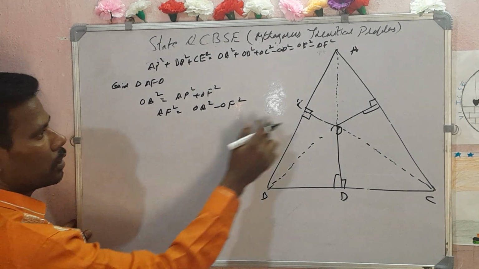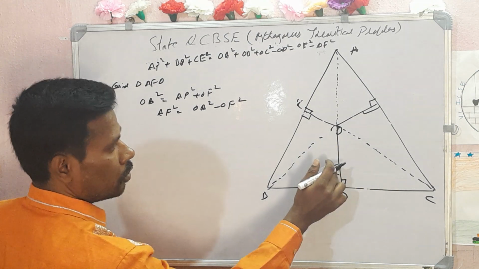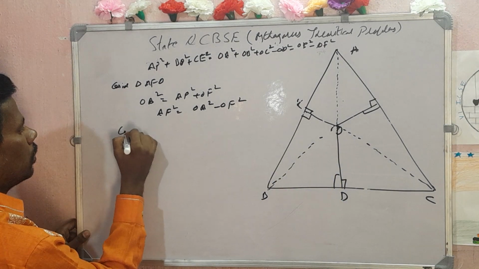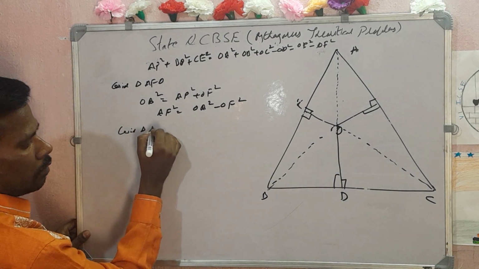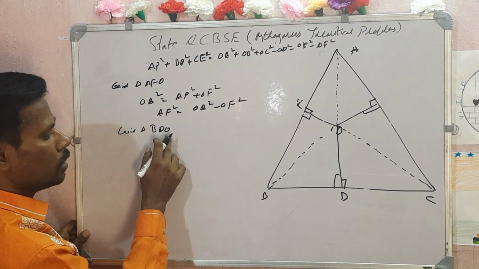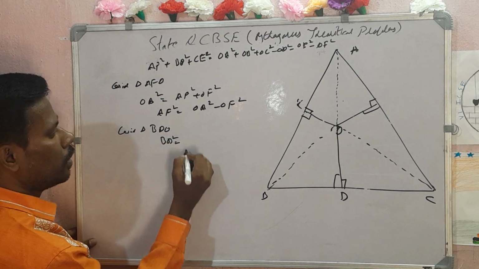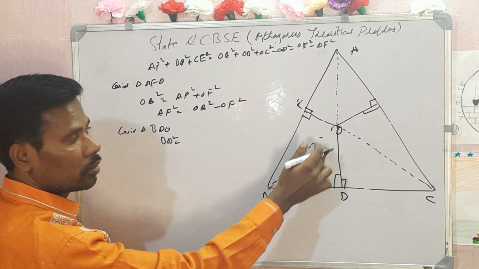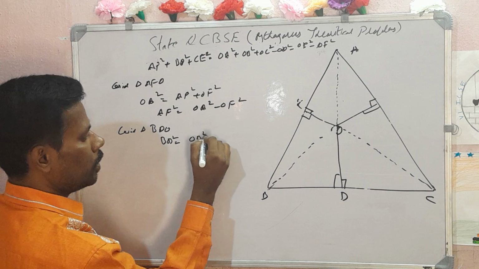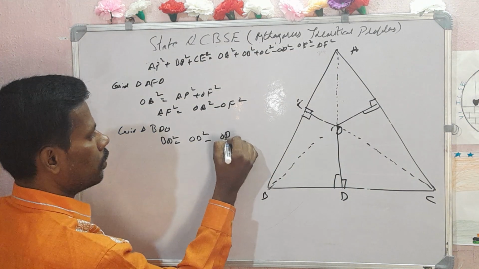Next, consider triangle, which triangle? BD is there. So this triangle you have to consider. Consider triangle BDO, this one, right? So in the same way, this can be written as BD square is equal to hypotenuse square OB square minus OD square.